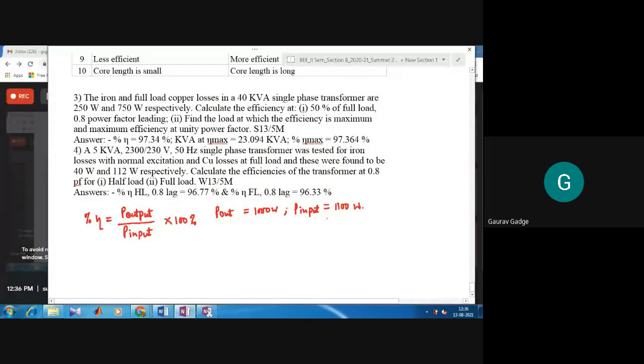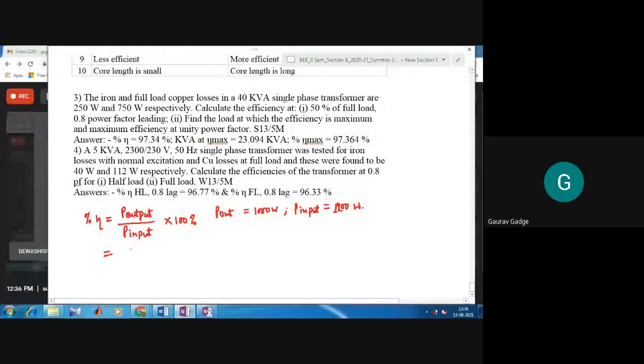This much is the input power and this much is the output power. You may call it 1000 volt ampere and 1100 volt ampere, but generally the power factor is considered. So let us consider the output power is 1000 watt and the input power is 1200 watt, for simple calculation. Now find the efficiency.